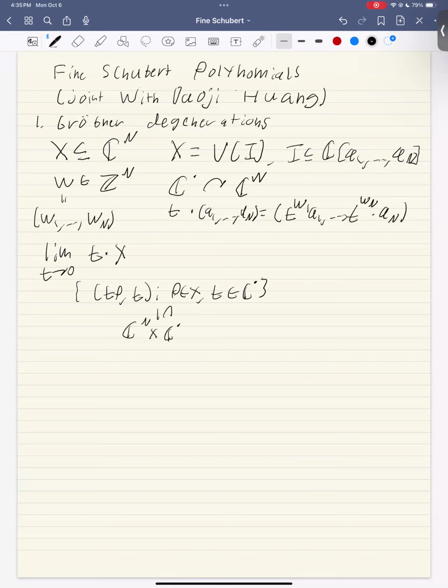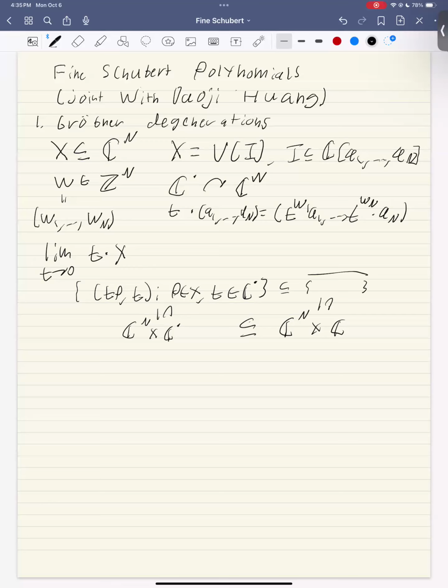And then you can compactify C to the n times C star to C to the n times C, where you just add an extra point over 0. And you can take the closure of this set inside C to the n times C. Okay.